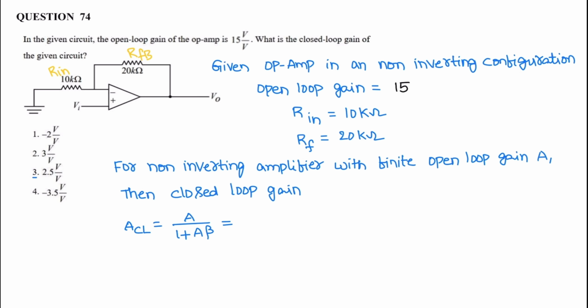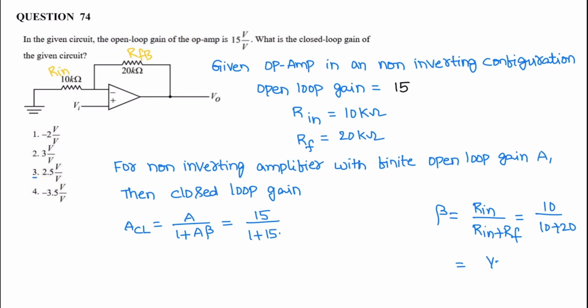For a non-inverting amplifier with finite open loop gain A, the closed loop gain ACL is equal to A by 1 plus A beta. So the A value is 15 divided by 1 plus 15 into beta. Here beta is equal to Rn by Rn plus feedback resistance Rf, that is 10 by 10 plus 20.